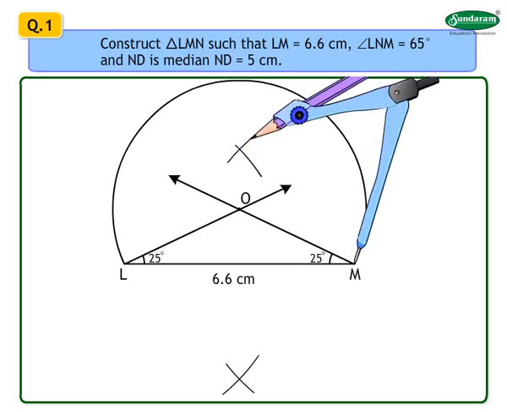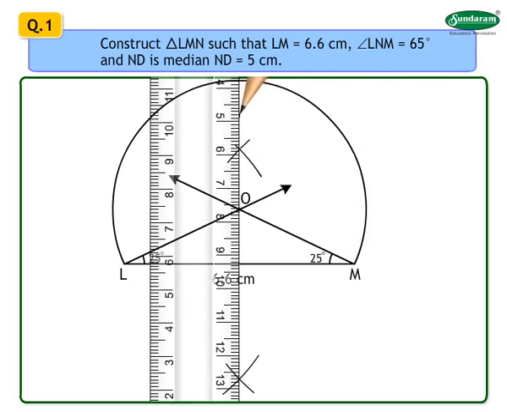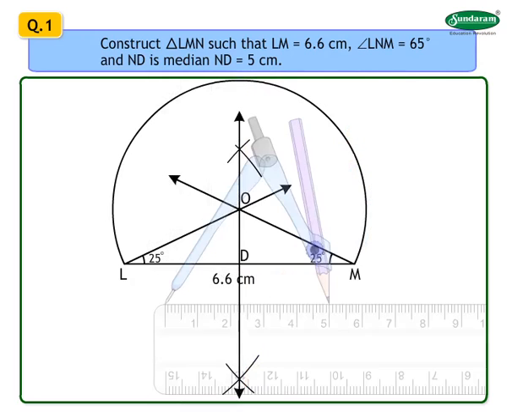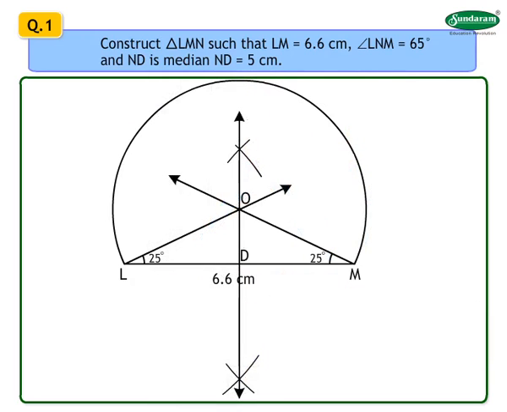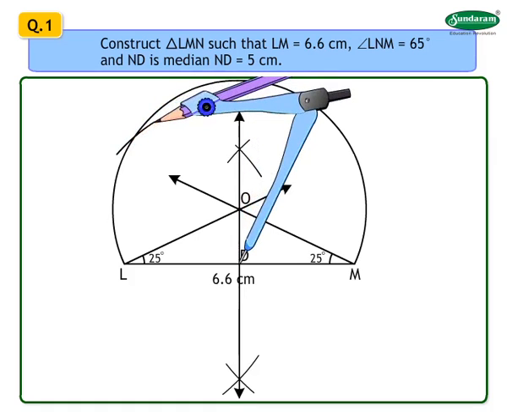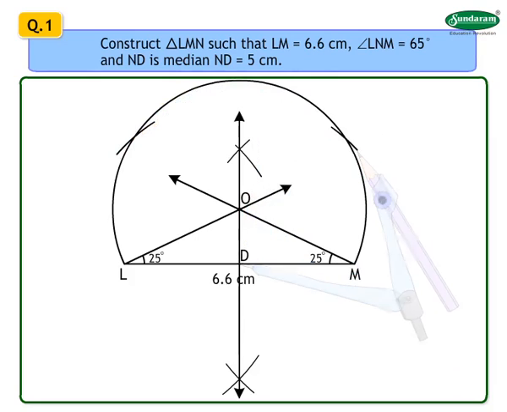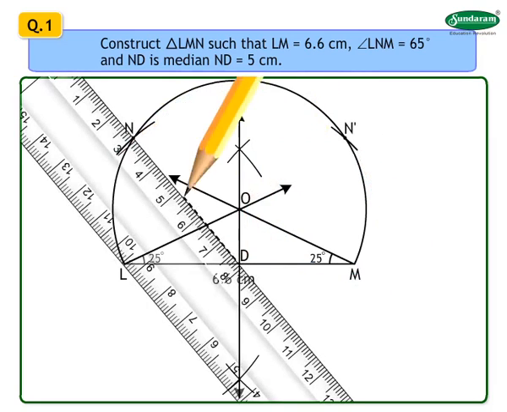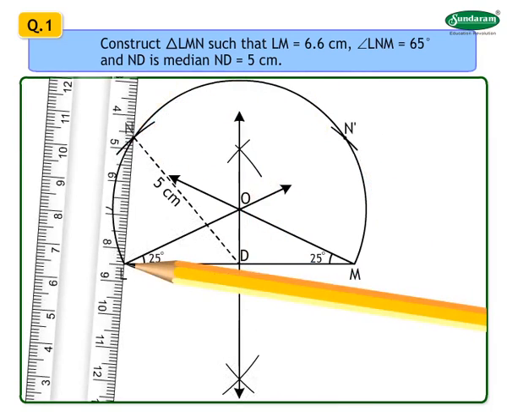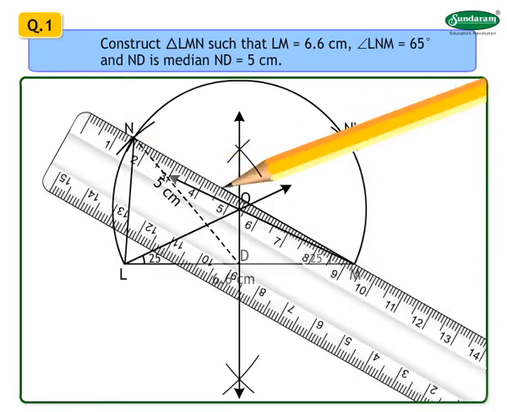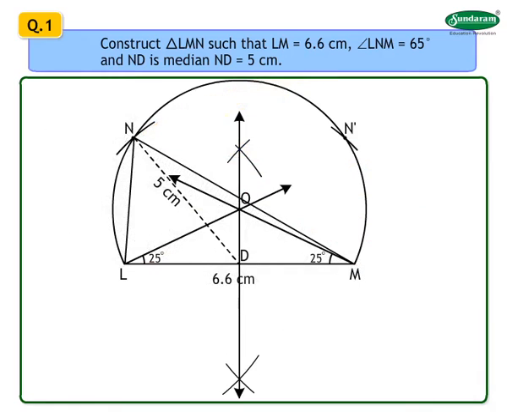Now, draw the perpendicular bisector of segment LM and name the midpoint as D. Taking D as a center, draw arc with radius 5 centimeters which cuts the given arc in point N and N dash. Join LN and NM. Triangle LMN is the required triangle.